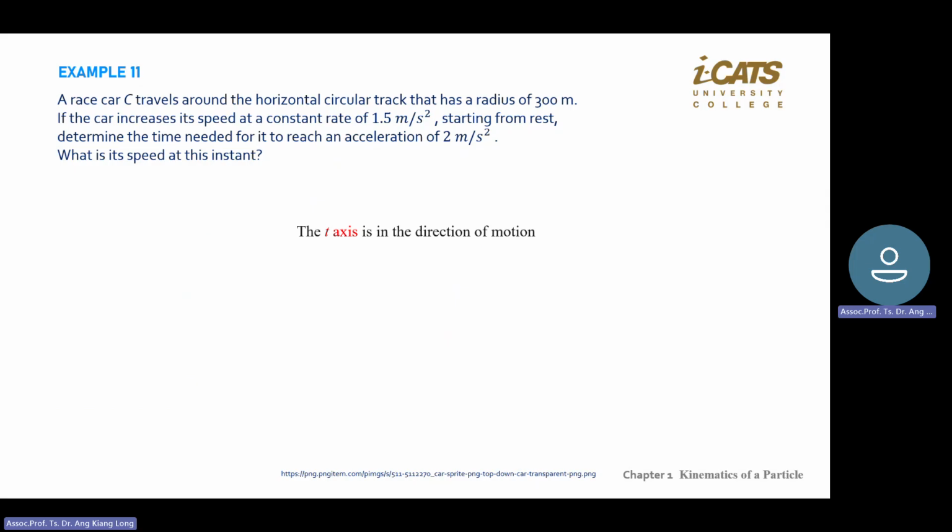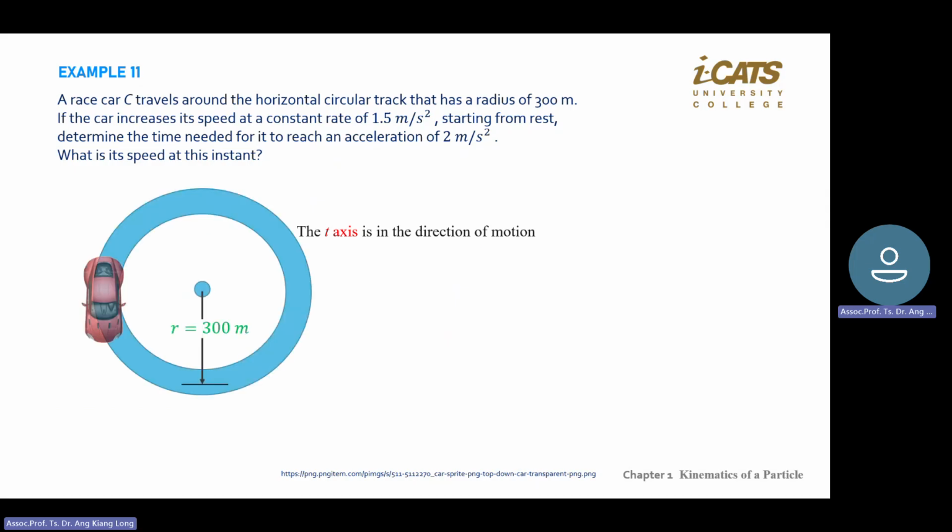If you have a car that goes in a circular track, you know this is focusing on the car because it tells you it's in a horizontal circular track that has a radius. Radius is given, so you don't need to calculate it. The car increases speed at a constant rate of 1.5 meters per second squared.